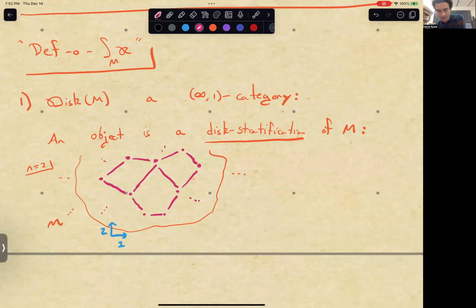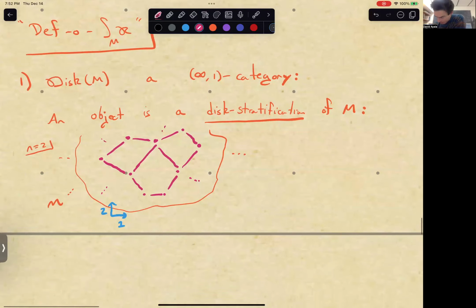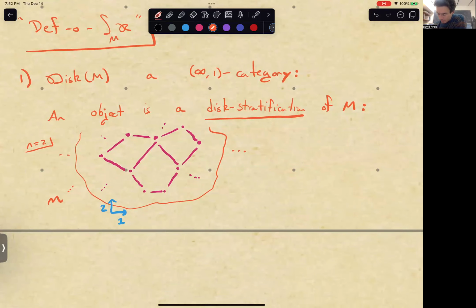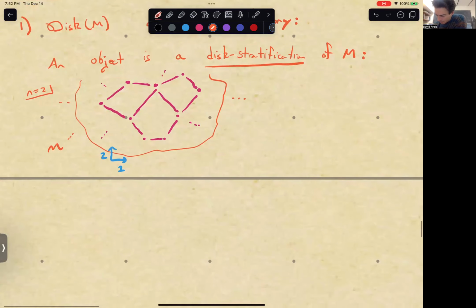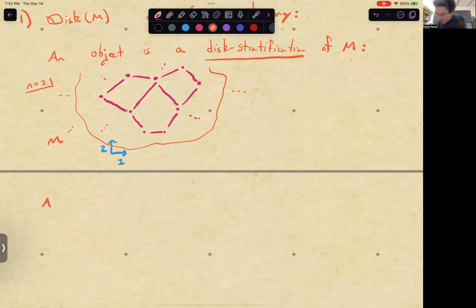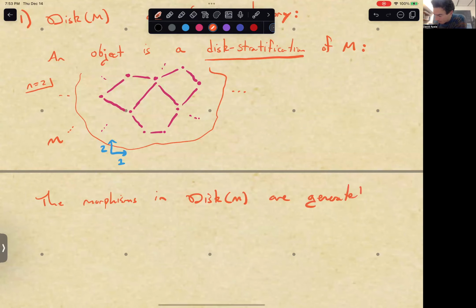It's a stratification. What's a morphism? The morphisms in disk of M are generated by, and I'm going to name a couple classes of morphisms, and every morphism will be a composition of these.